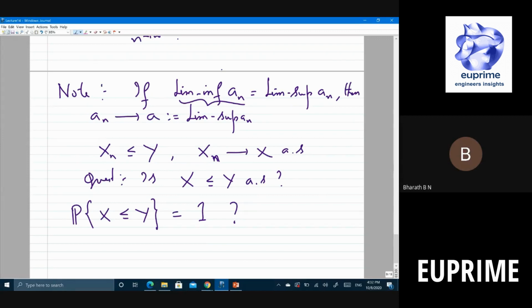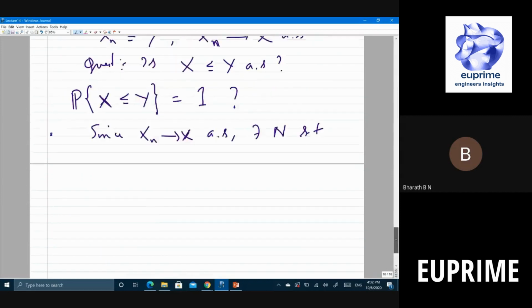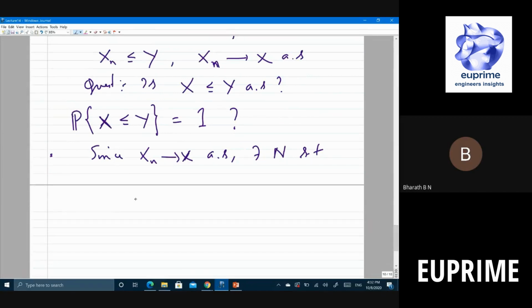Yes. Okay, so now I can do the following. Since Xn converges to X almost surely, there exists n such that if you look at the difference between X and Xn, it will be small. This is true for every epsilon greater than 0.